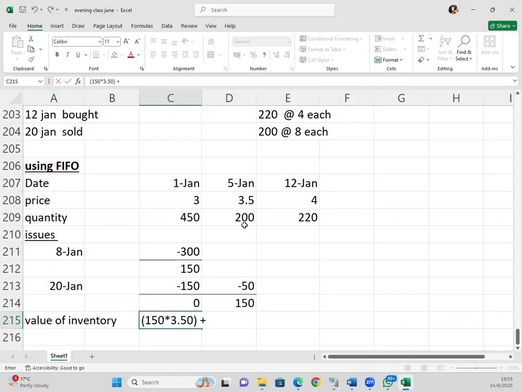plus for this batch, you have 220 units at $4 each. So 220 at $4 each.